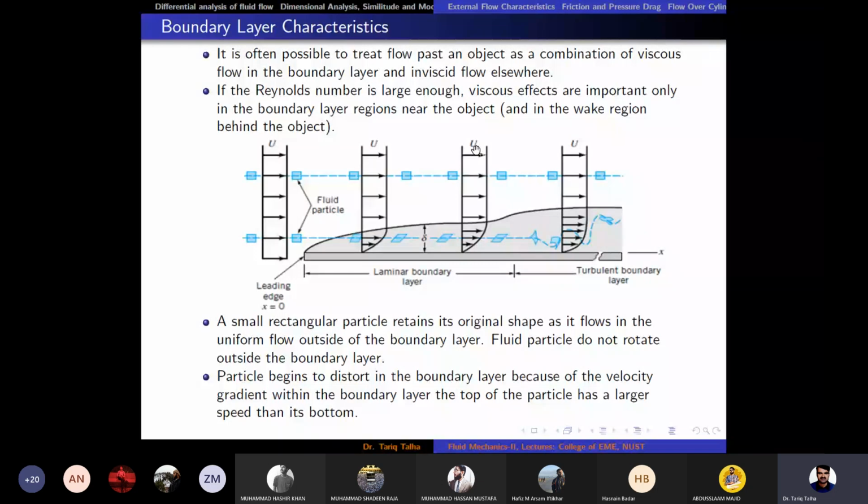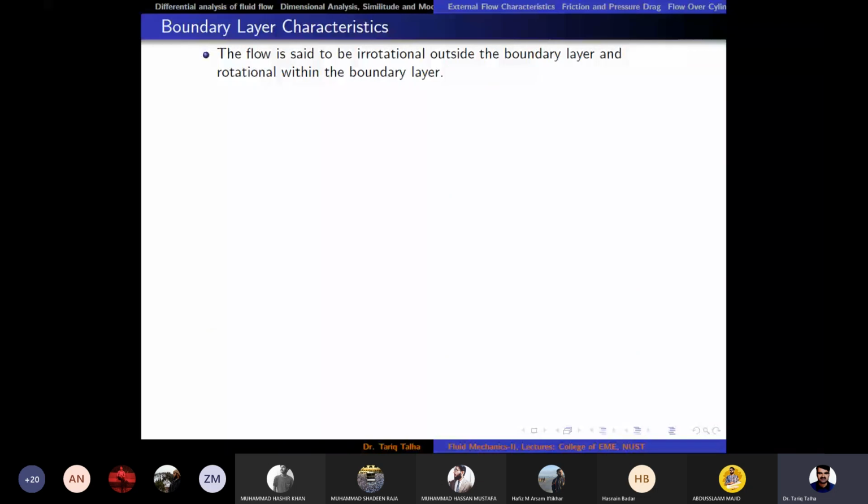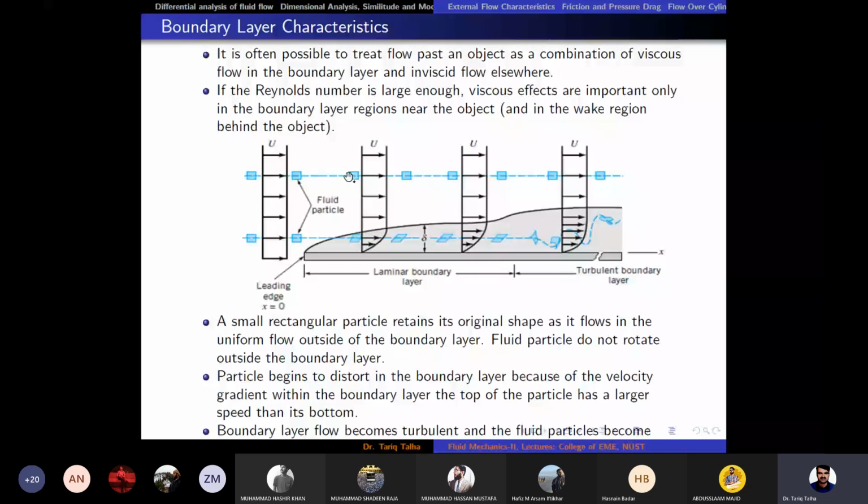That's why there is no velocity gradient on the fluid element outside the boundary layer, right? The boundary layer flow becomes turbulent when the Reynolds number becomes equal to or greater than the critical Reynolds number, and the fluid particles become distorted. So the flow is irrotational outside the boundary layer because there is no velocity gradient, and rotational within the boundary layer, which I have just explained on the whiteboard as well as on this slide.